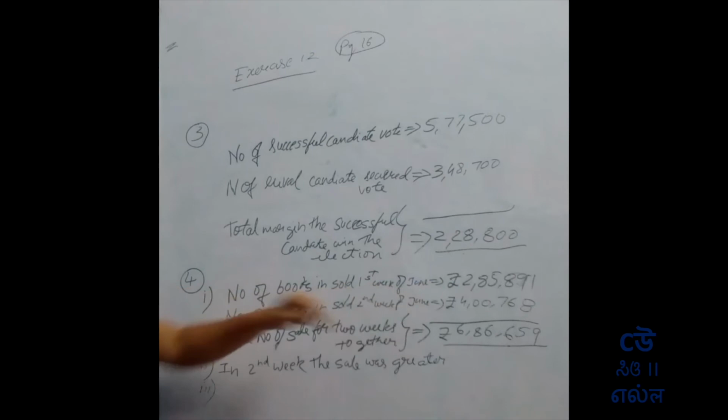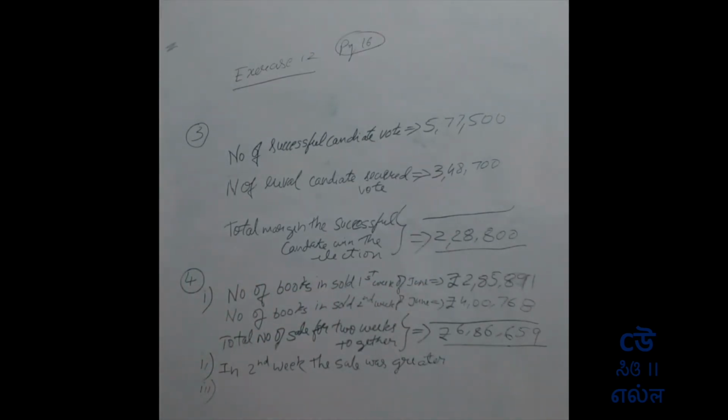To find the difference between these two sales, we have to subtract 2,85,891 from 4,00,768.